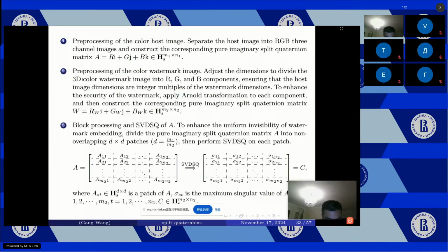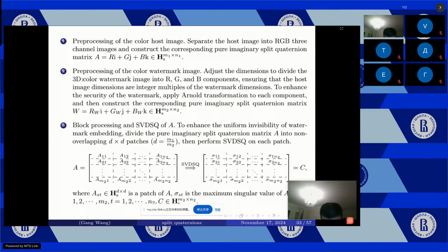Next, we preprocess the color watermark image by dividing it into R, G, and B components, ensuring that the host image dimensions are integer multiples of the watermark dimensions. To enhance the watermark's security, we apply an Arnold transformation to each component, forming a corresponding pure imaginary split quaternion matrix.